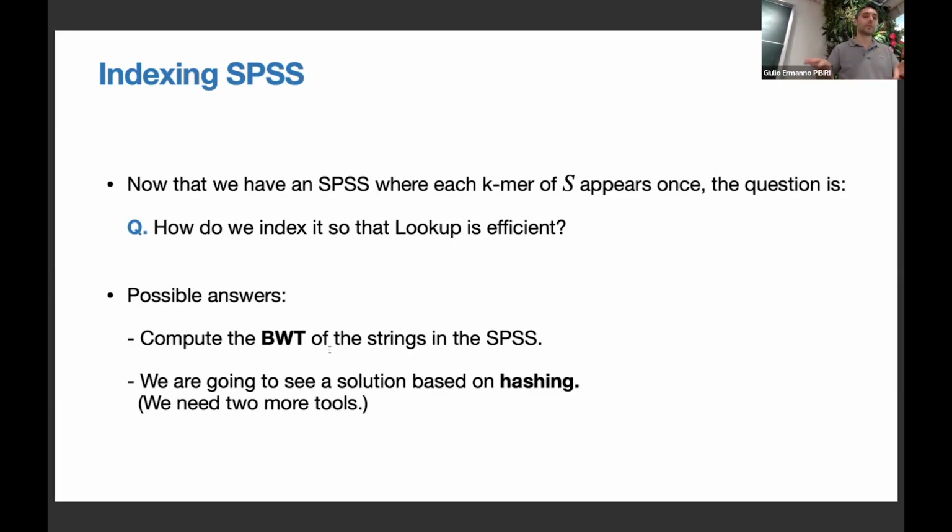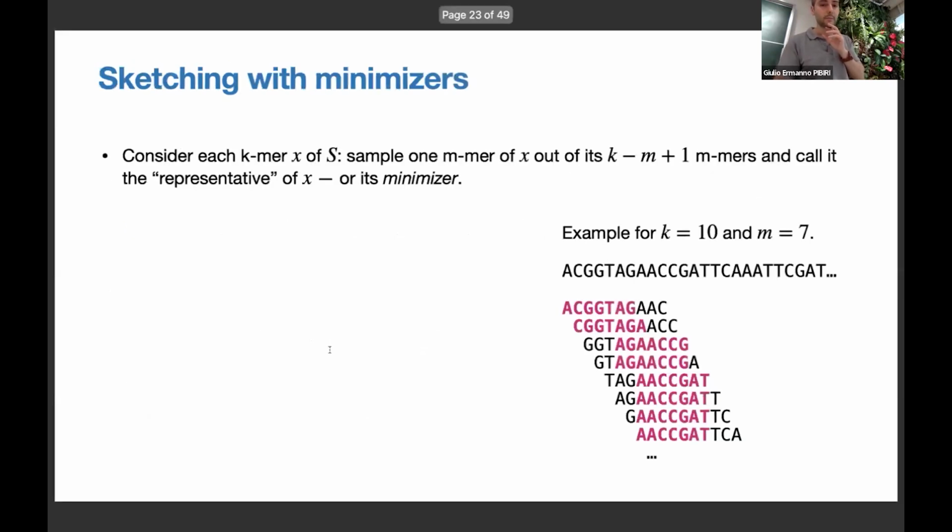So a completely different paradigm than the BWT. To do so, we need two more tools. And the next tool is minimizers. This has an independent interest, but then we'll see how, of course, we can use SPSS, minimizers, and hashing all together.